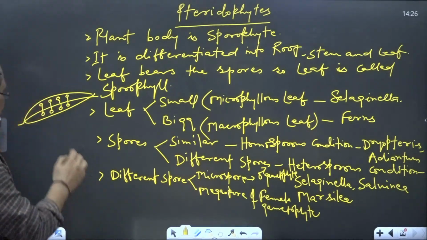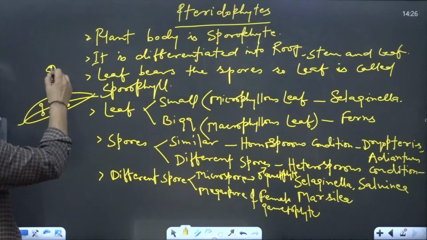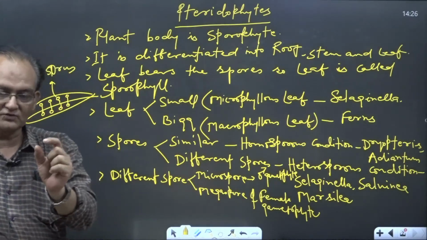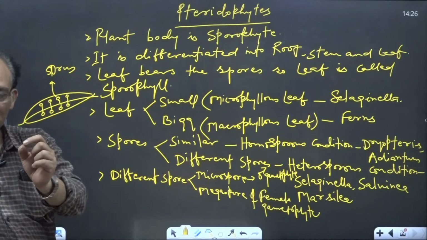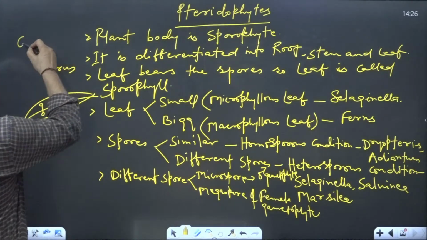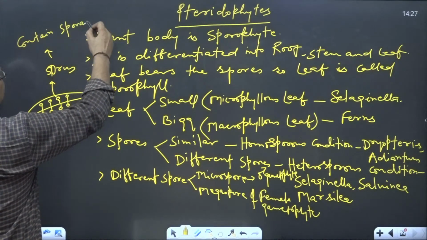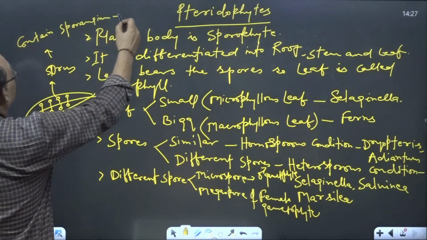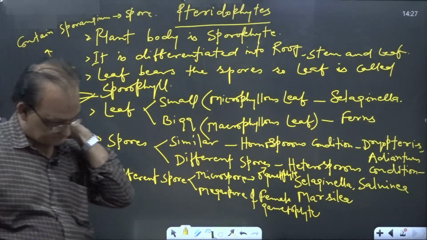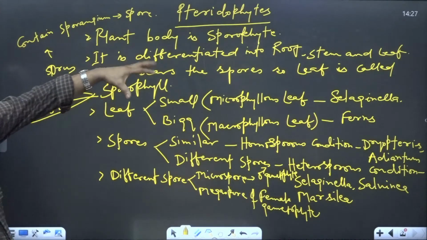This sorus is present on the under surface of the leaf, and it contains the sporangium, which will form spores. So sorus contains sporangium, and this sporangium will form spore.